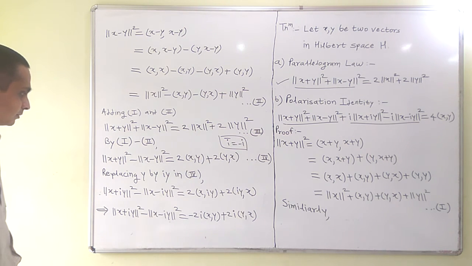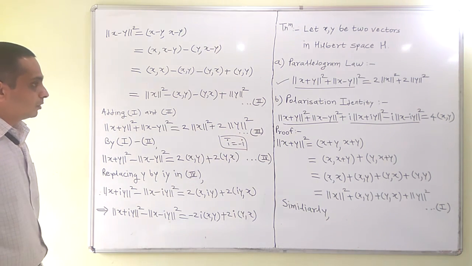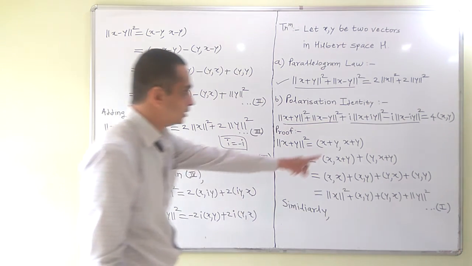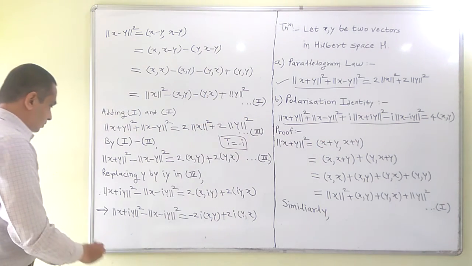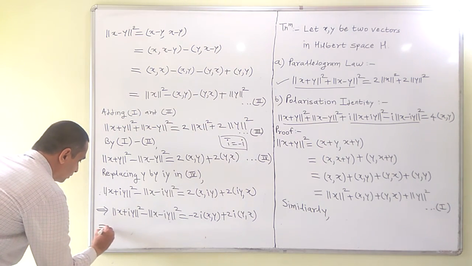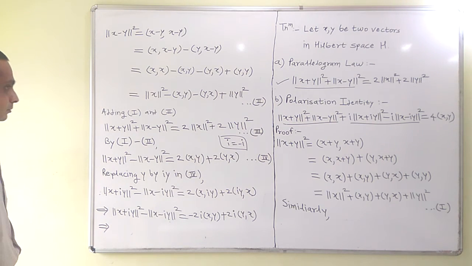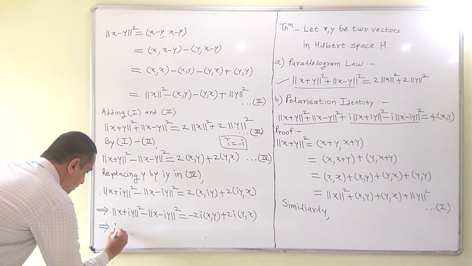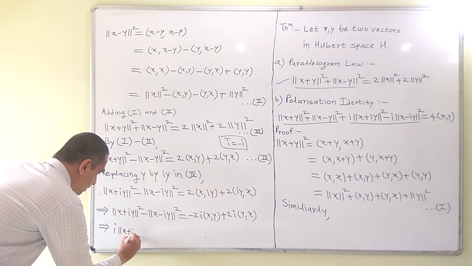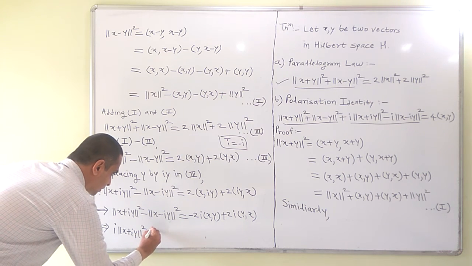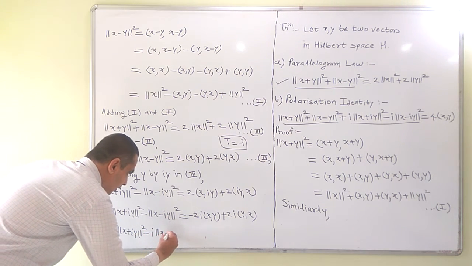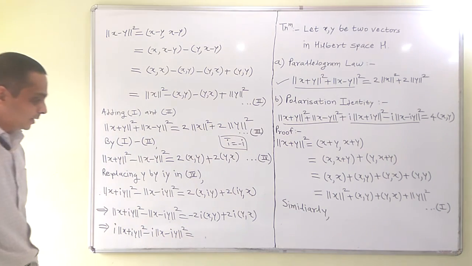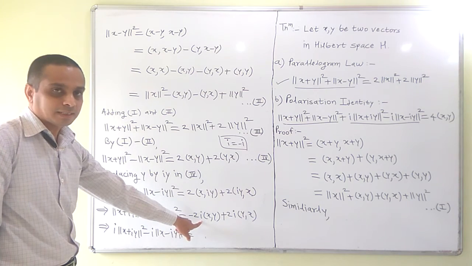Okay. Now see what we have to obtain. So I should multiply this equation by i, because I want these two terms. So I have i times norm of x plus iy square minus i times norm of x minus iy square equals, if I multiply by i, it becomes i square, and i square is minus 1.